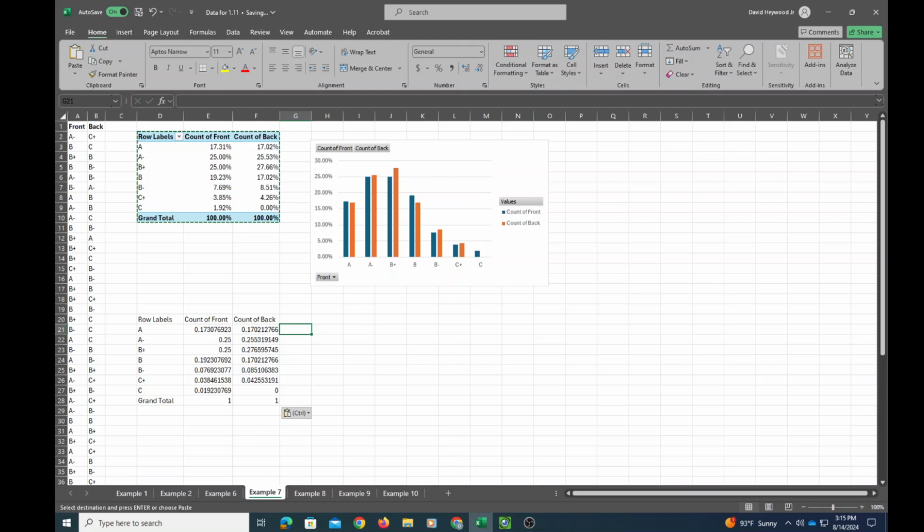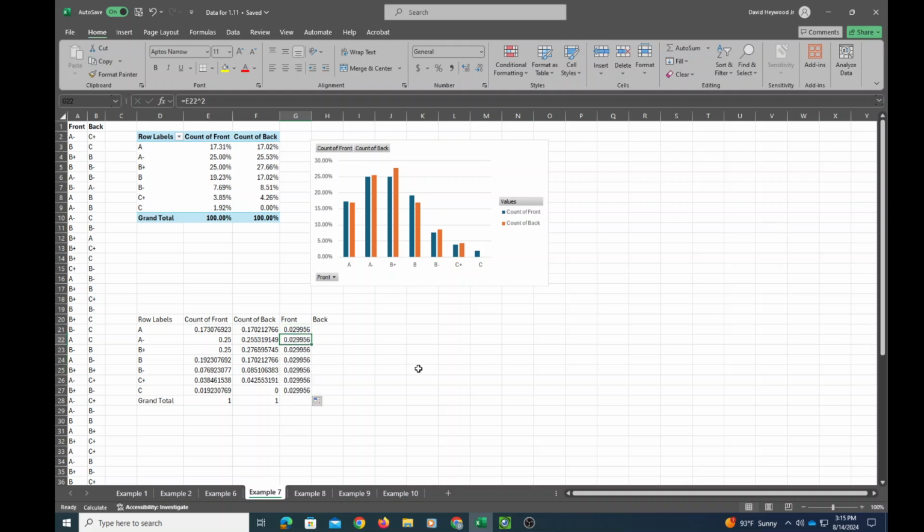So let's do the front and the back. Okay, so the squared proportions here, I'm going to say equals this proportion squared. And hopefully it will let me just autofill all of this stuff.